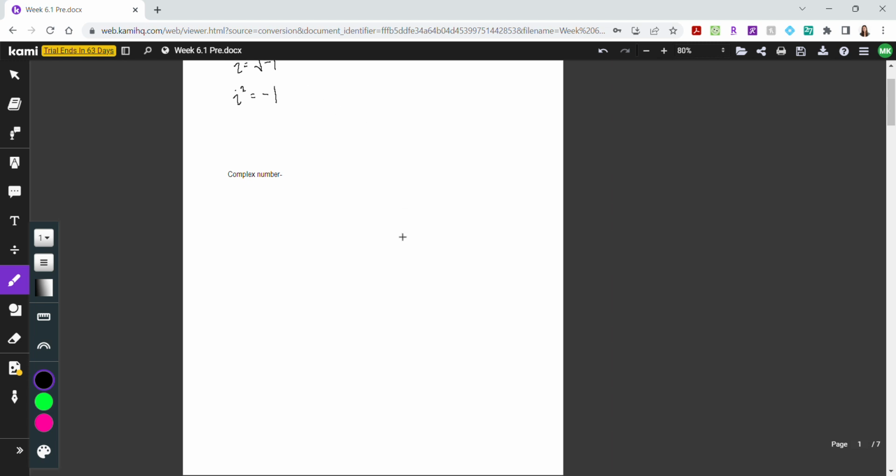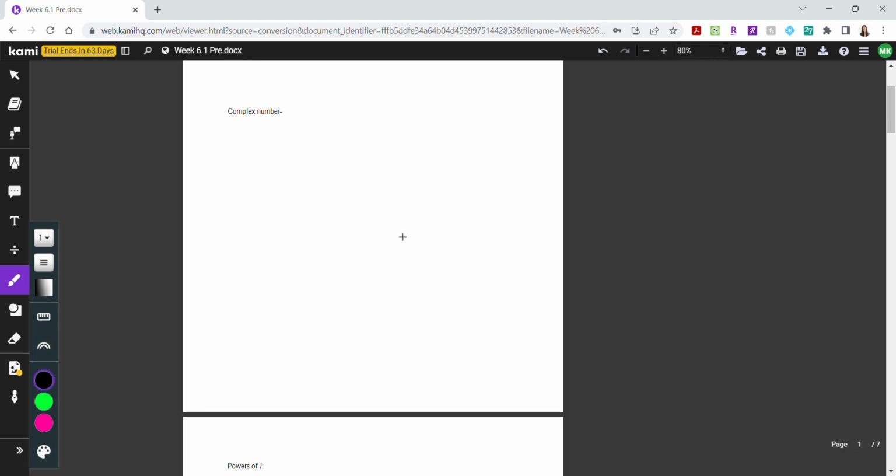All right? Now, a complex number includes the imaginary number i in the form of a plus bi, right? So this is the standard form for a complex number. Now, an example of how you write a complex number is like 3 plus 2i, right? 3 being the real number and 2i being the imaginary number.